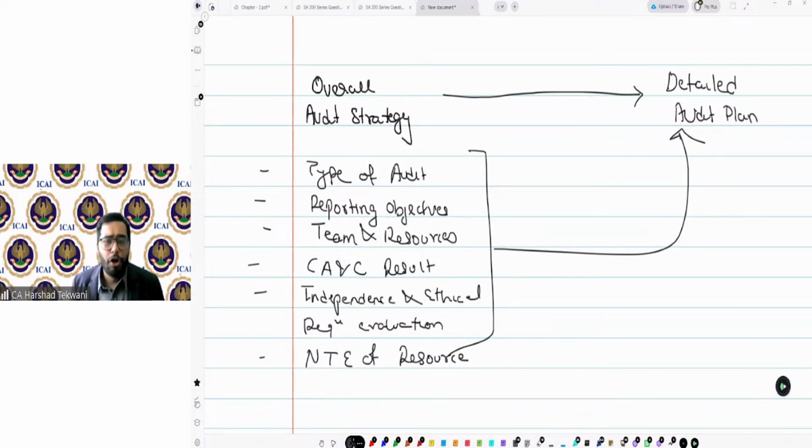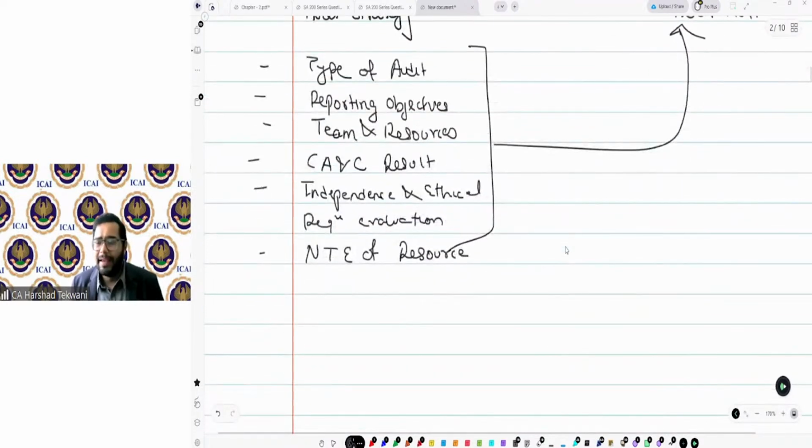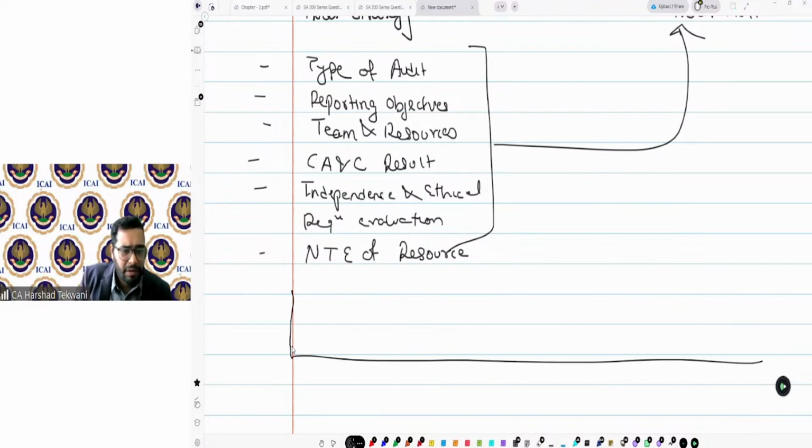So once I have the overall audit strategy, I create a detailed audit plan on the basis of that, and then I document everything: the overall audit strategy, the overall audit plan, and significant changes in the audit strategy and audit plan. So I document this whole thing.